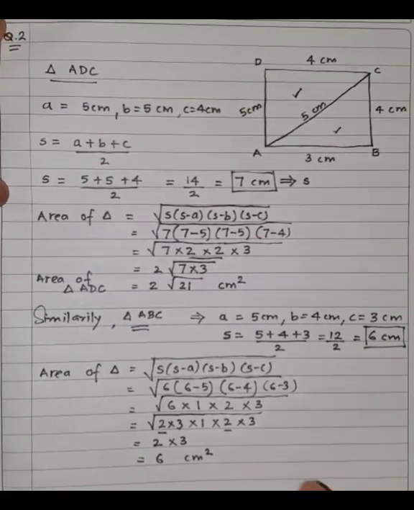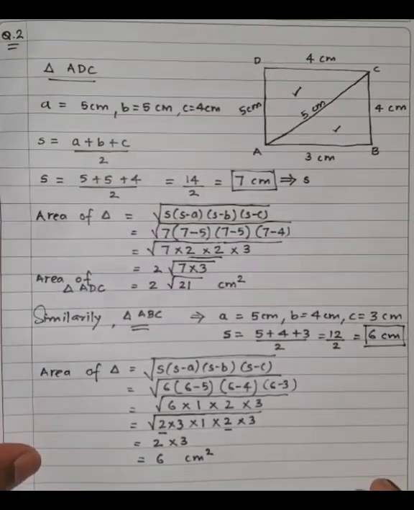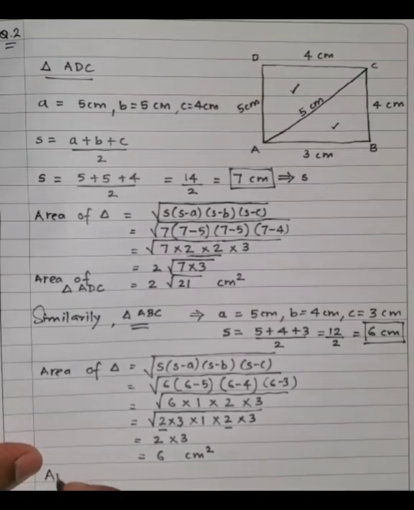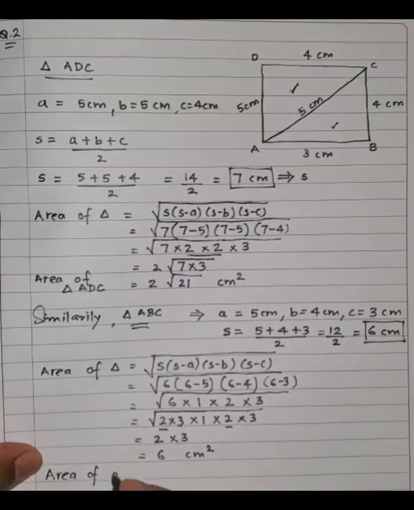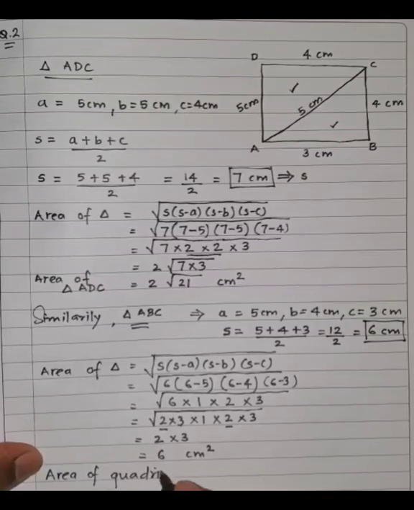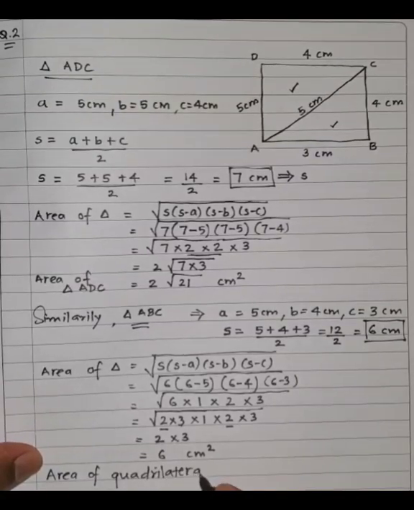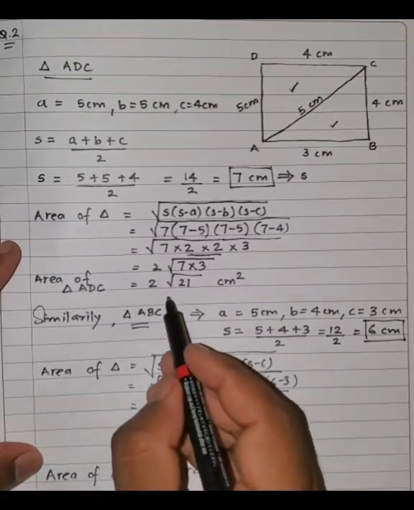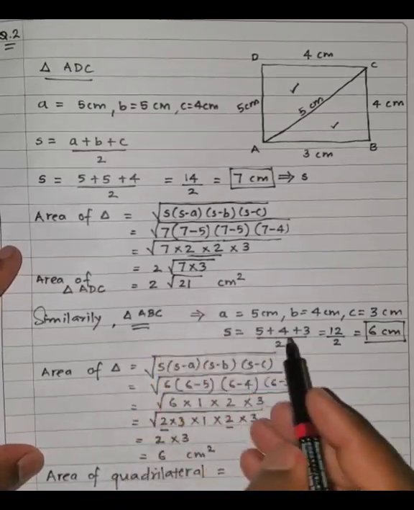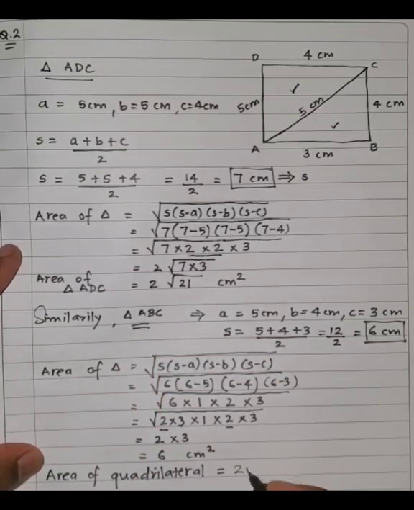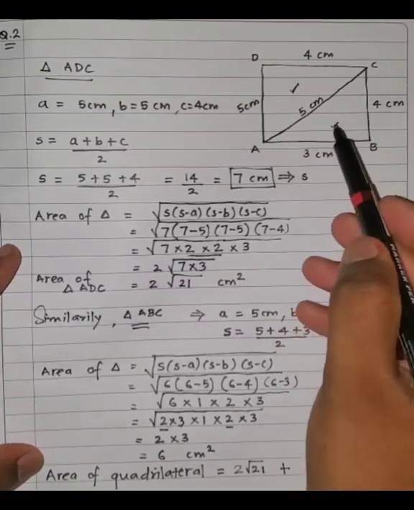So if you could sum up the question, that is to find the area of the quadrilateral, what I can write is, area of the quadrilateral is basically the sum of the areas of the two triangles, which is our first triangle, triangle ADC. And what answer did we get? 2 under root 21, plus the other triangle, this one.